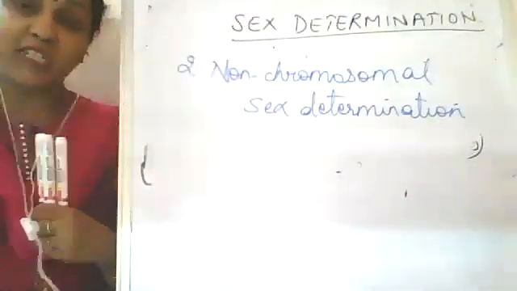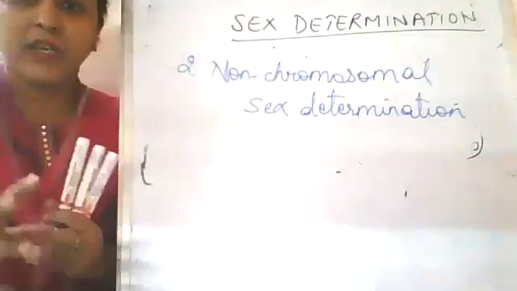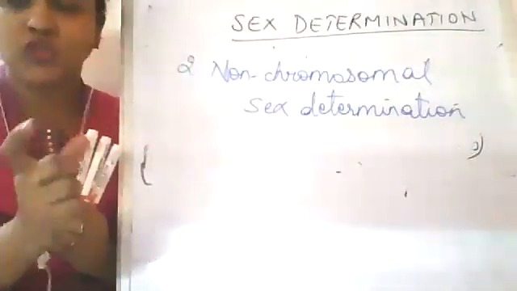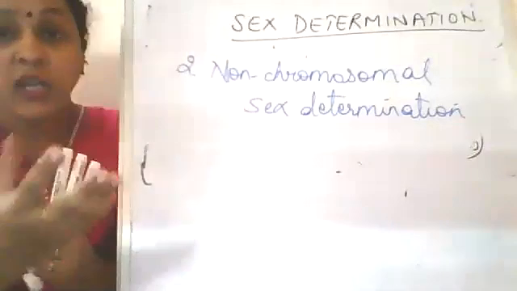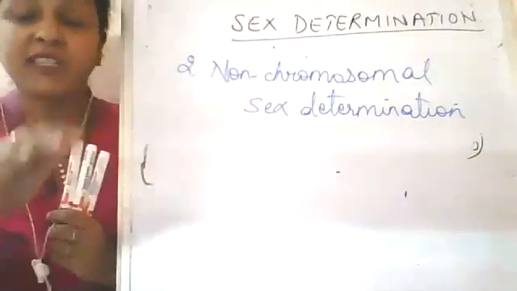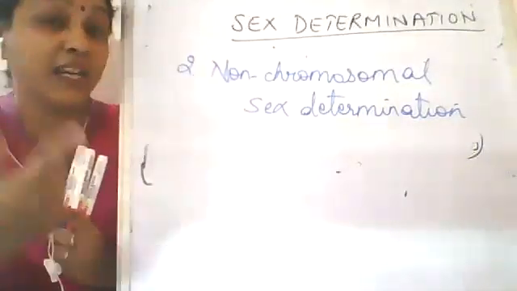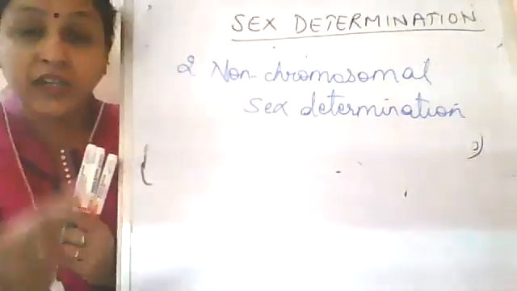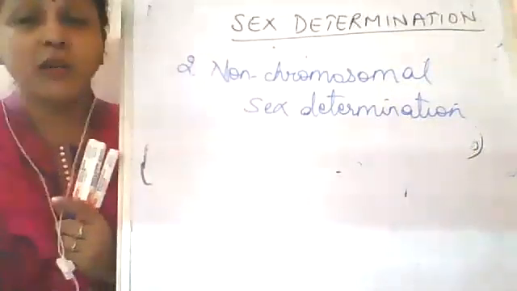In non-chromosomal sex determination, the sex chromosome, or rather the main nucleus, doesn't determine the gender of the child. Some other gene present other than the nucleus determines the gender of the child.